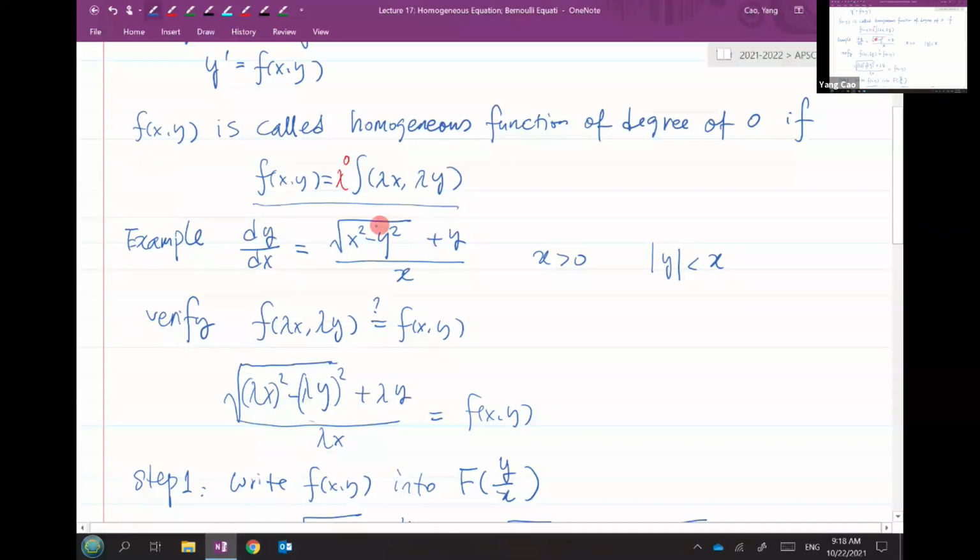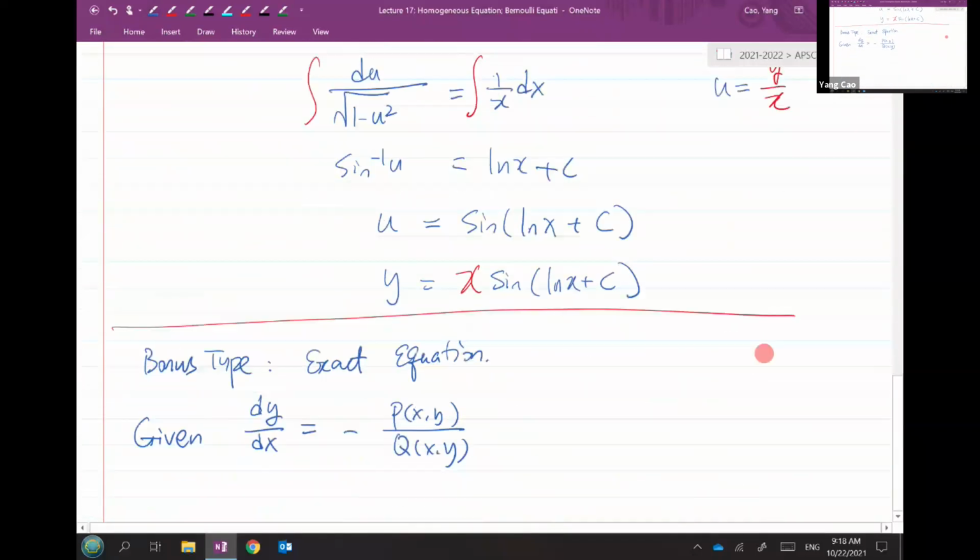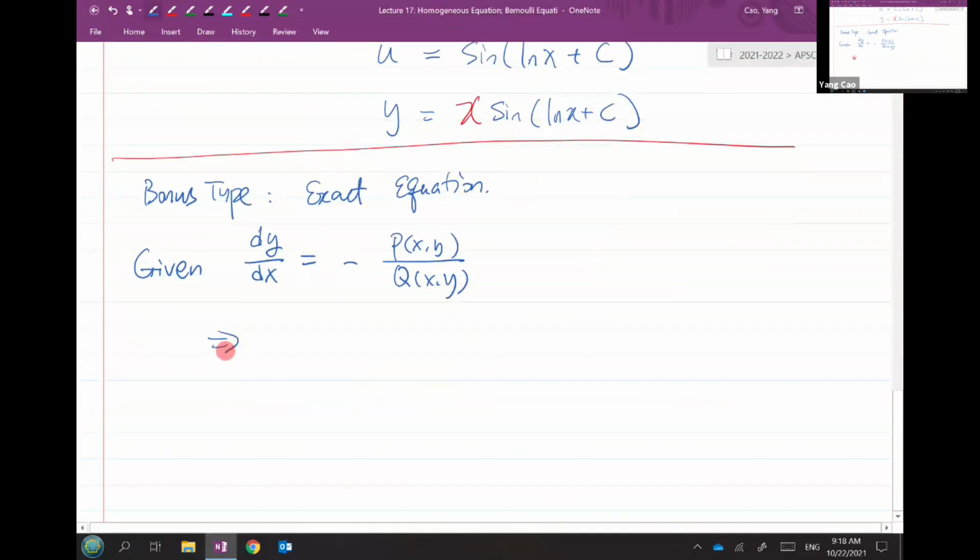You have a fraction of p of x, y over q of x, y. Then you can rewrite this equation as p of x, y times dx plus q of x, y times dy equal to 0.